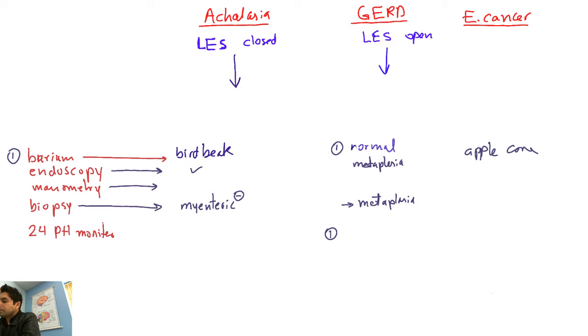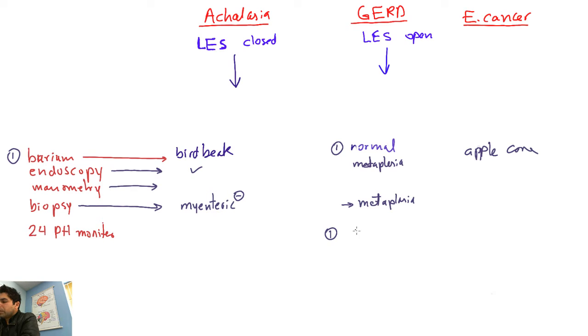But you do the 24-hour pH monitor. You'll put a little pH indicator in there for 24 hours. If it's a litmus paper and the color changes, it indicates there's increased acidity, it's reflux, and it will be indicated on that paper.